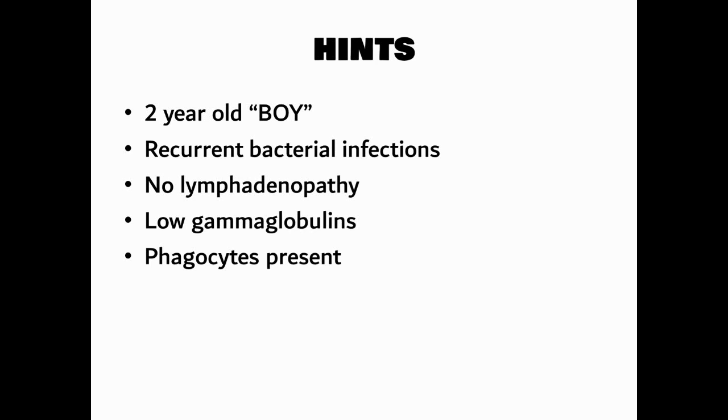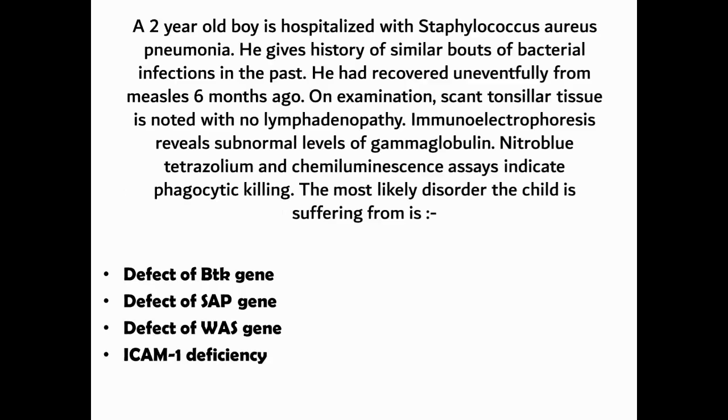Now, this further proves that he has a smaller amount of immunoglobulins in his body. But they have also told that phagocytic activity is still present in this patient, which is found by chemiluminescence. Now, with all these hints in mind, let us look at this question once more.